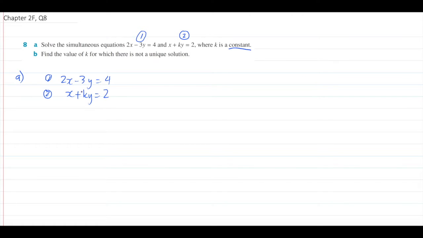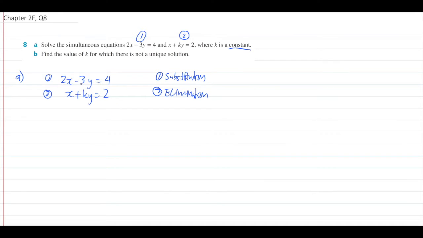As you remember, and this could be a good revision for you, there are two different ways to solve simultaneous equations. Technique number 1 is substitution. And technique number 2 is elimination. So that's your two methods of solving simultaneous equations.